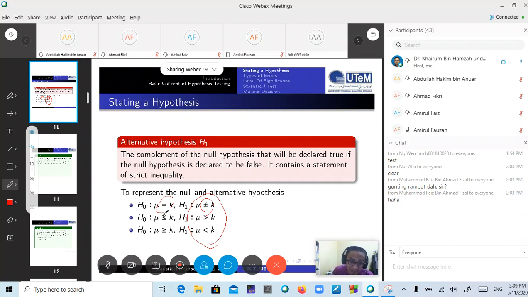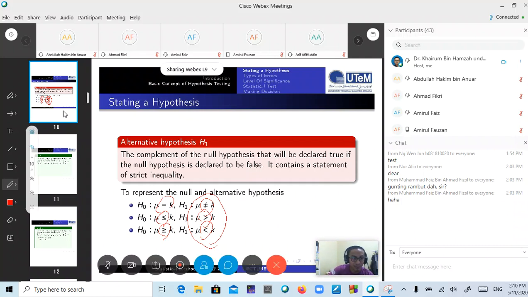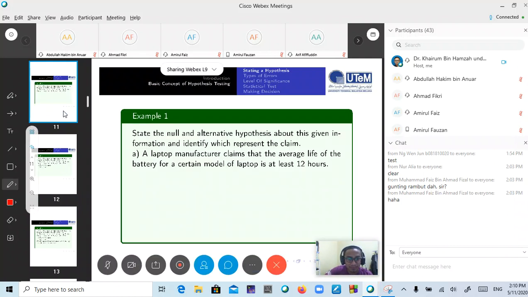Dia akan terbalik. If your H0 is greater than or equal, H1 becomes mu less than k. So make sure you understand how to put the hypotheses, H0 and H1.